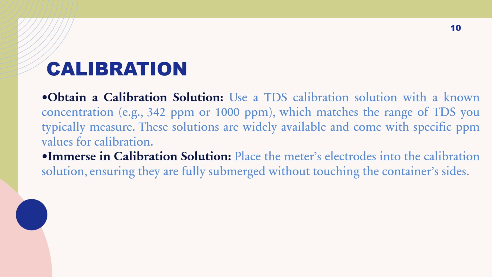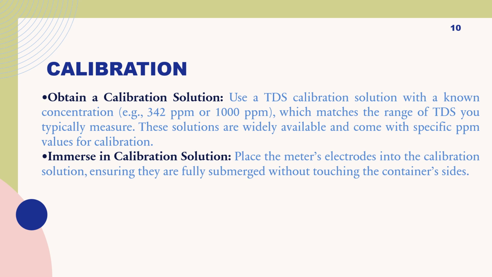Wait for stabilization. Allow the reading to stabilize, typically a few seconds. Then check that it matches the solution's specified value. Repeat the adjustment if necessary. Rinse and store. After calibration, rinse the electrode with distilled water and allow the meter to dry.